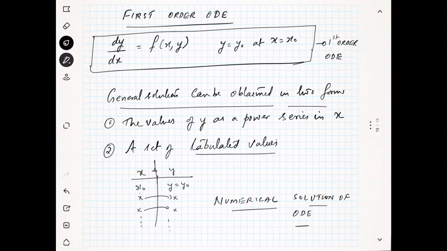And we have different methods. So we can get the solution in two different ways: one in analytical form, and another in a set of tabulated values, or the numerical form. So we have to obtain the solutions by numerical methods. Actually we have two different ways.